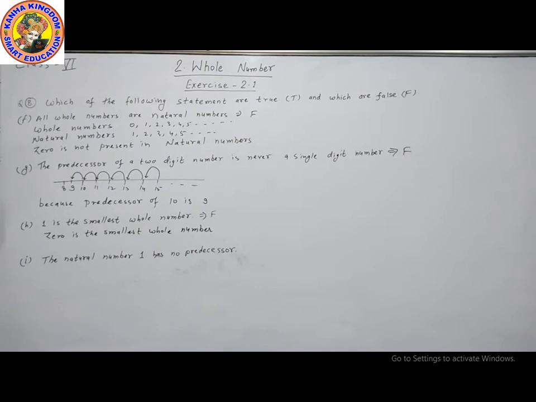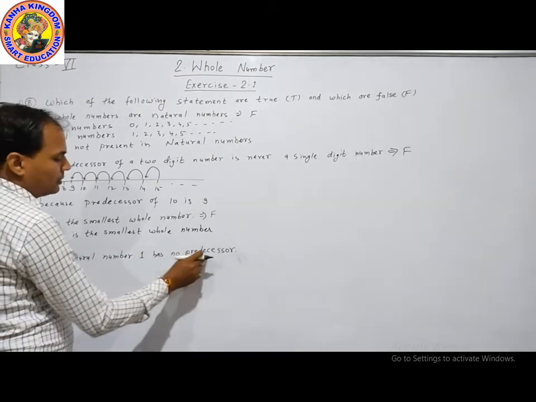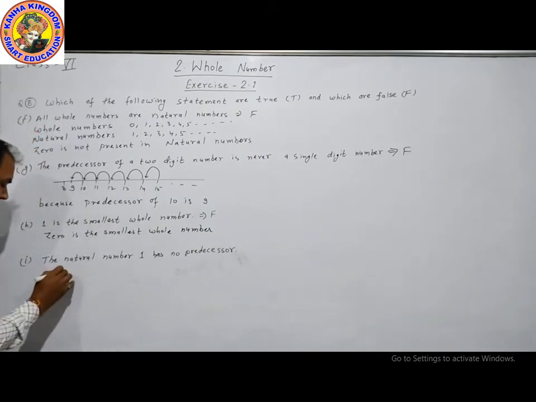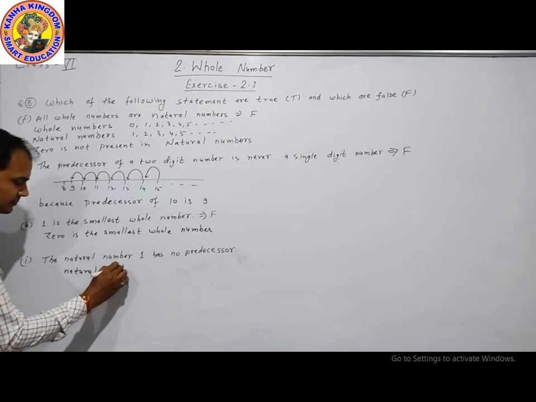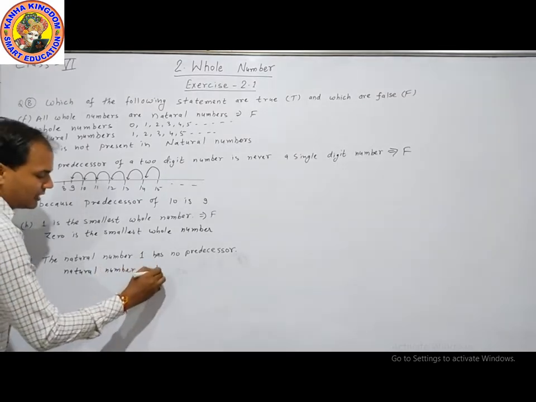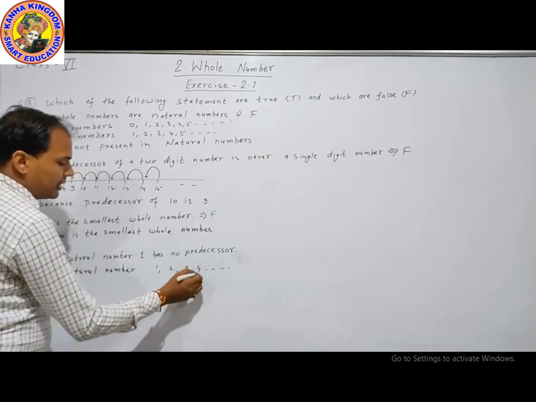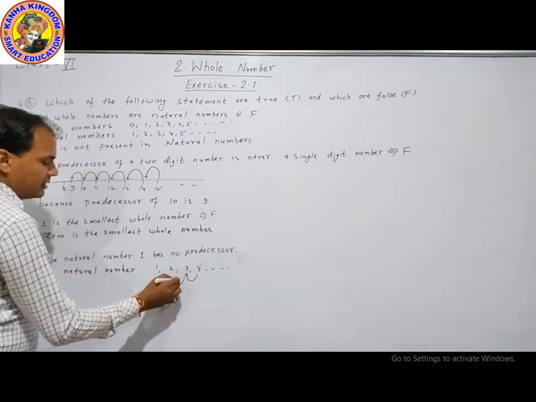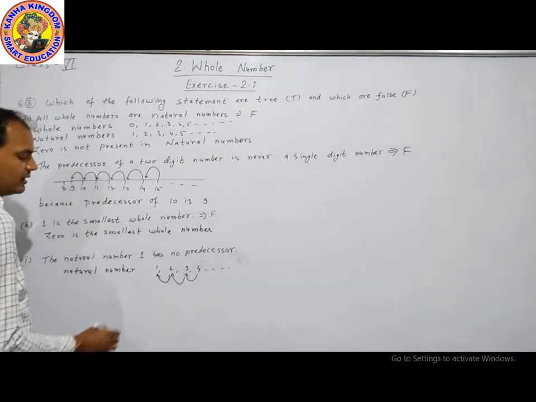Next one is, the natural number 1 has no predecessor. Natural numbers are 1, 2, 3, 4 and so on. The predecessor of 4 is 3, the predecessor of 3 is 2, the predecessor of 2 is 1.